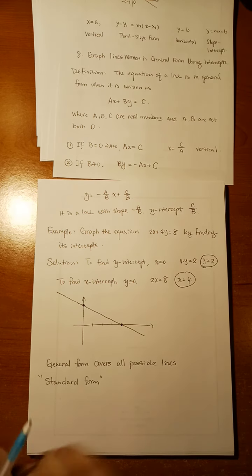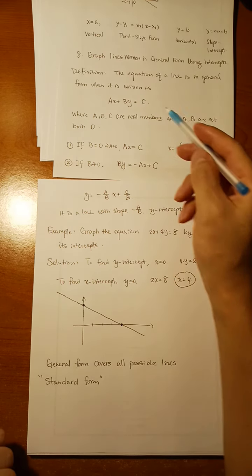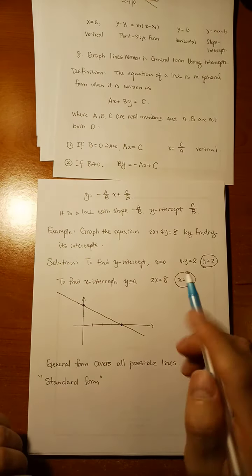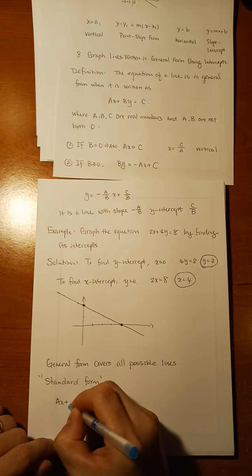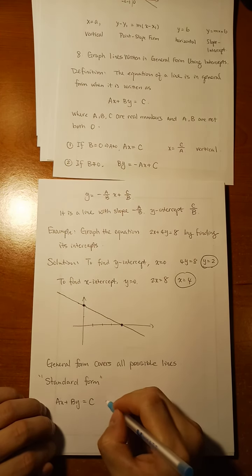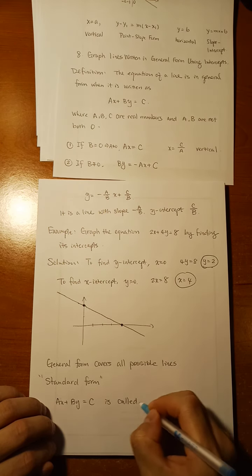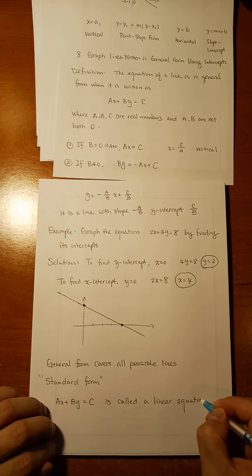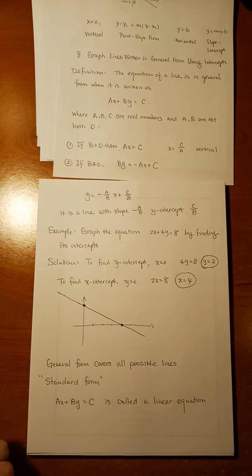And because this equation ax plus by equal to c is just degree 1, first order, it is also called a linear equation. Ax plus by equal to c, where a, b are not both 0, is called a linear equation. Okay? So this is some discussion about the line.